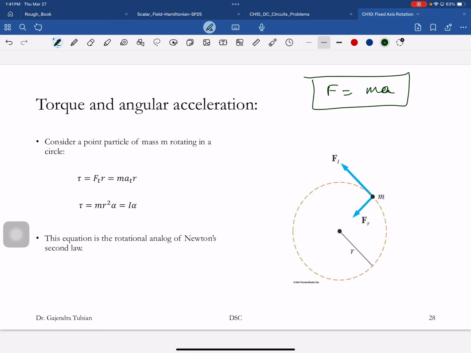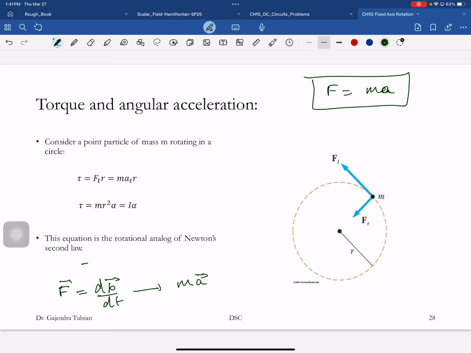What is the most general form of Newton's second law? Force equal to dP by dt. Very good. When does this reduce to mass times acceleration? Very good, my friend.